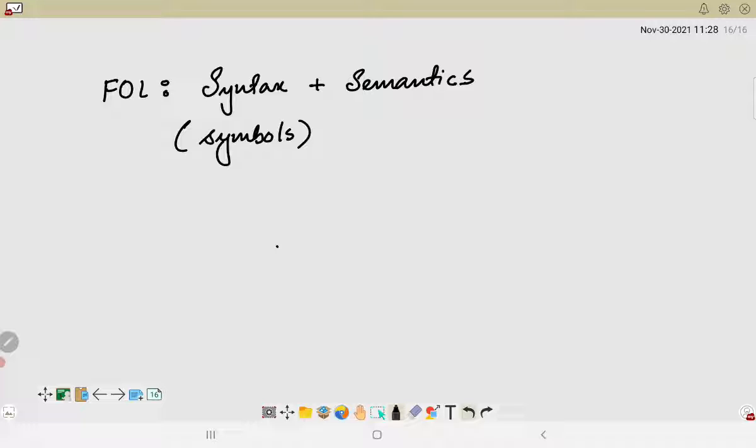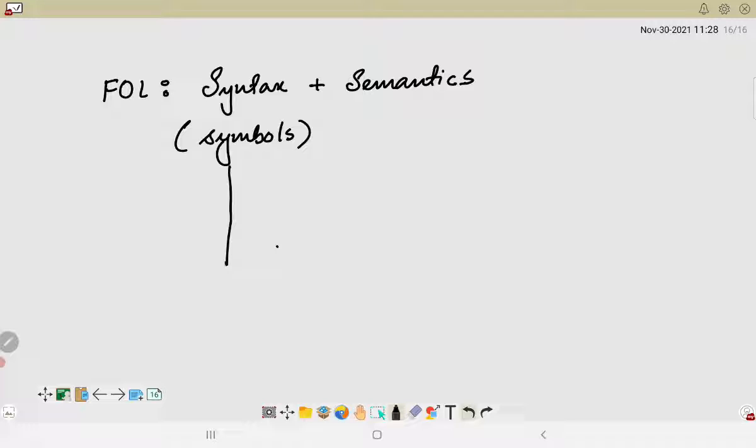So the first and basic syntactic element of first order logic is symbols, and we generally write statements in shorthand notation in first order logic. These symbols do not simply represent just one letter or one character. They comprise different parameters within them.